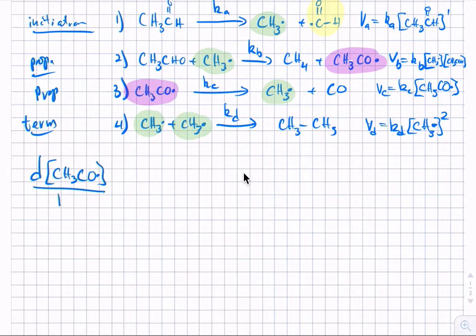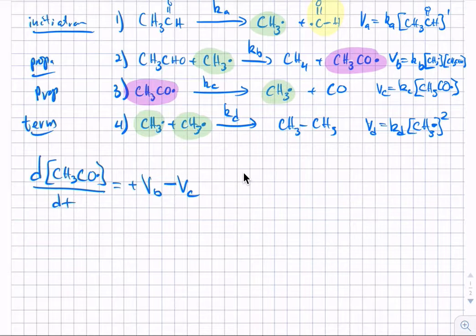In other words, what's going to change this rate? We see that reaction 2 will increase the concentration, so we say plus Vb. The only other reaction that can affect it is C, and that's going to decrease the concentration, so we'll say minus Vc.